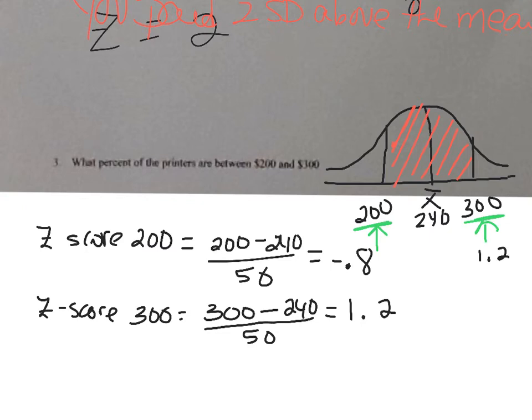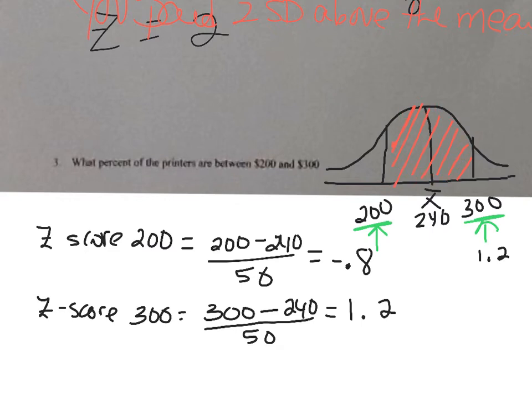So we have negative 0.8 standard deviations to the left and 1.2 standard deviations to the right. So you can see these are not numbers that are on our bell curve with all those percents. All right, so then how do we get this percent here that's in the middle?